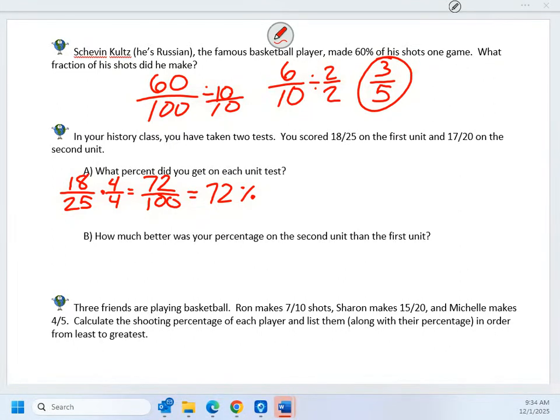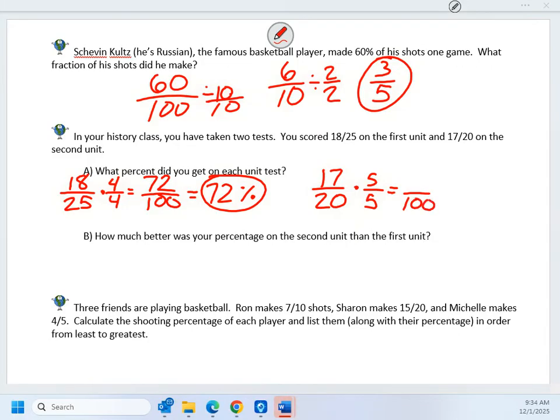So it says, what percent did I get on each test? So that was the first test. My second test, I have 17/20ths. How do I turn that into a percentage? Haley? Multiply by 5, because 20 times 5 gives me that magic number of 100.